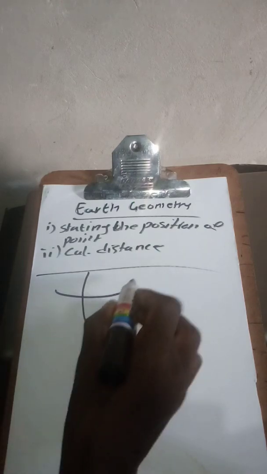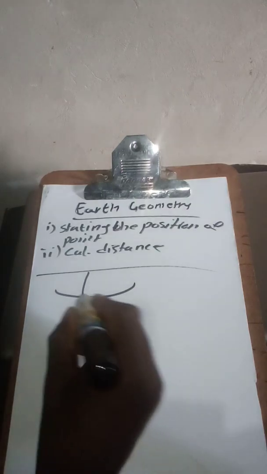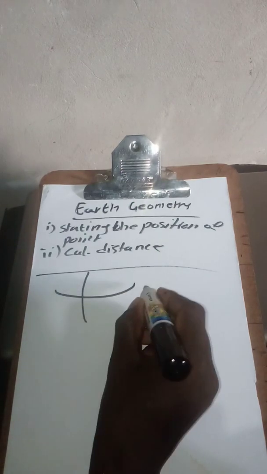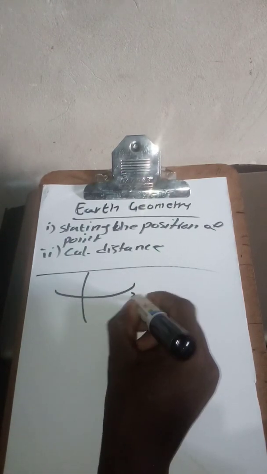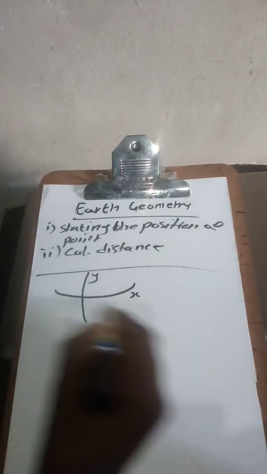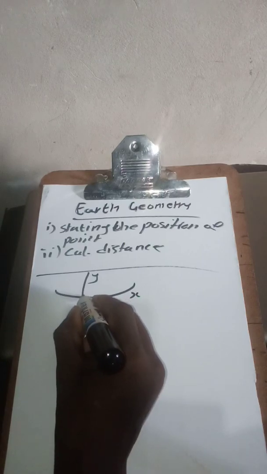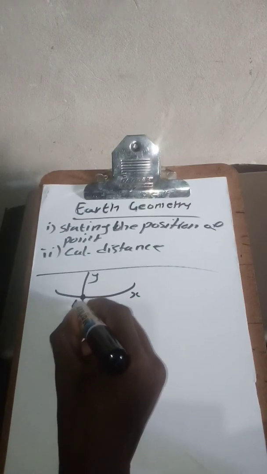Of course, these are not straight lines, but the easiest way that I used to remind myself which one is the latitude and which one is the longitude is that I used to relate the latitude with x and the longitude with y. Of course, these would represent straight lines, but I used to see it that way to make my work simple.